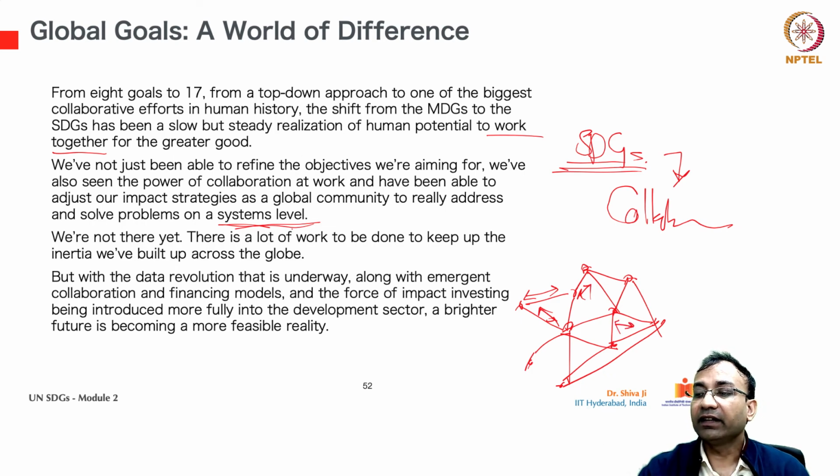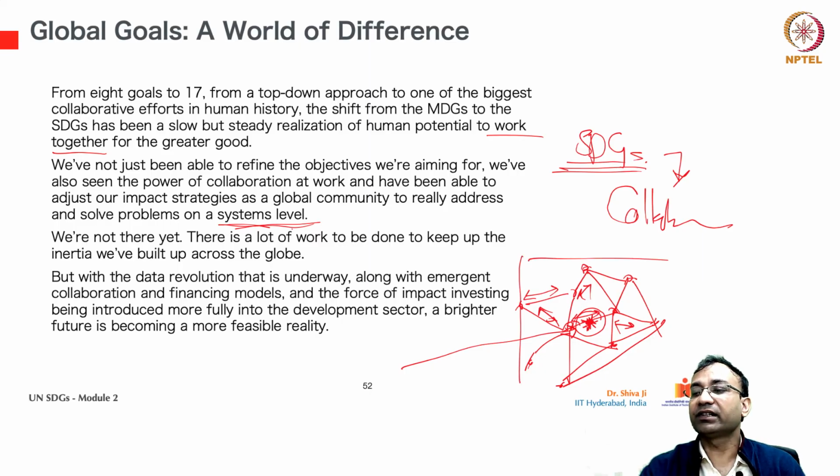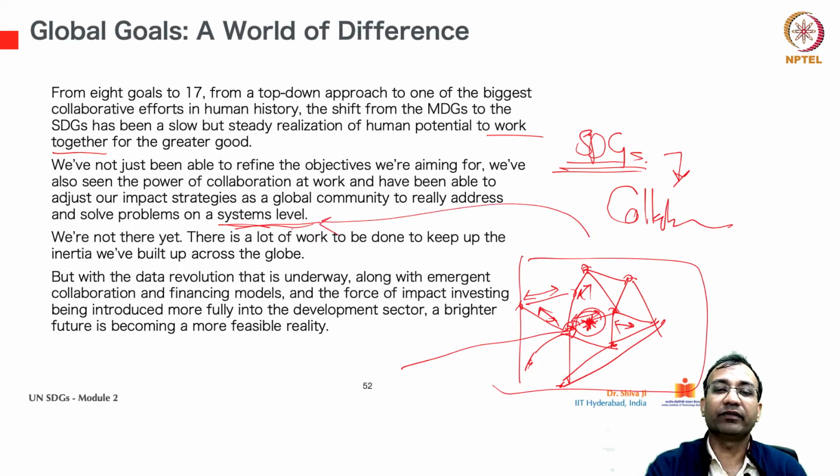And with this assessment, you can pinpoint where the lacuna is, where something is going below the targeted level, and you can take a corrective measure, a tailor-made corrective measure right at the needed spot. So this is the systemic approach we saw here.